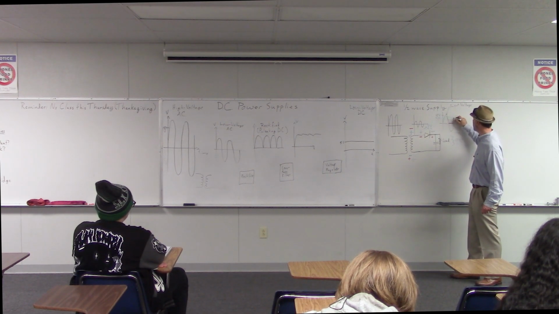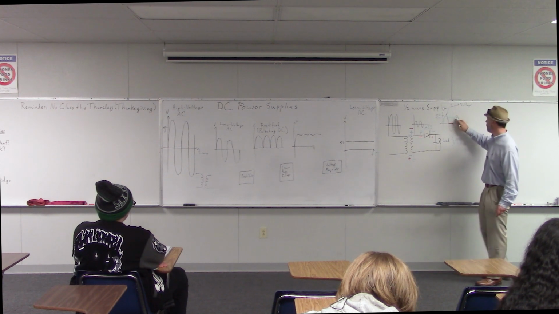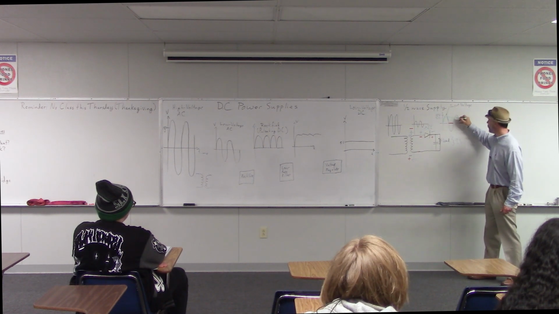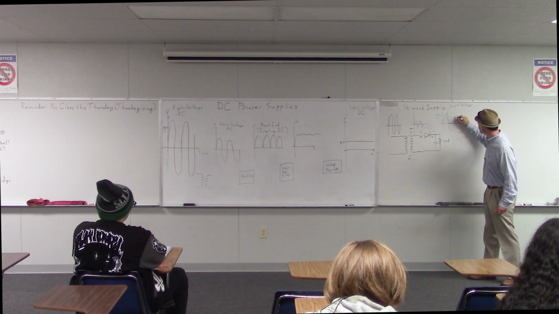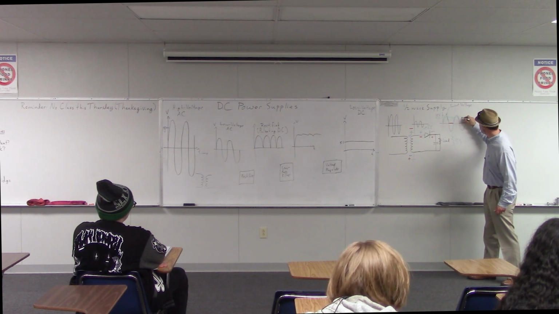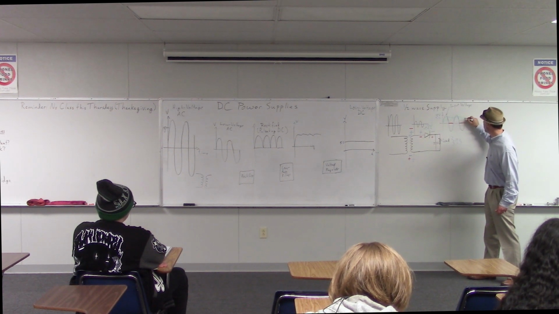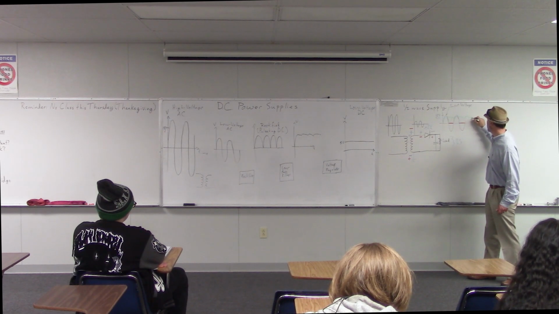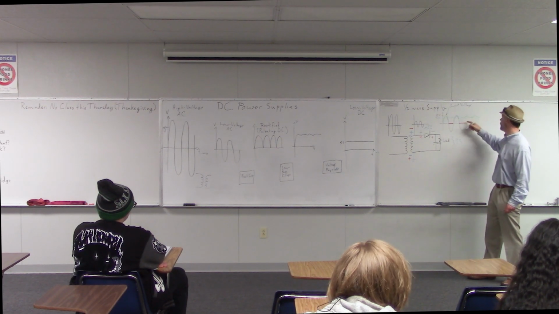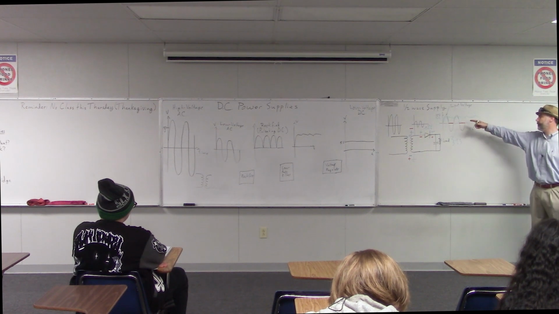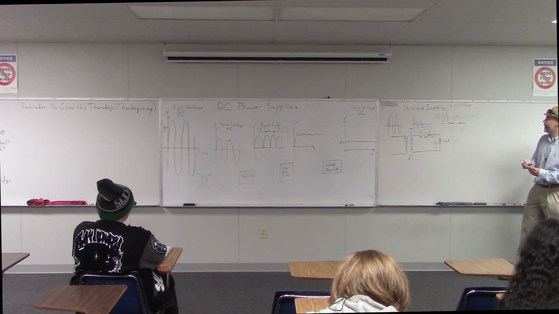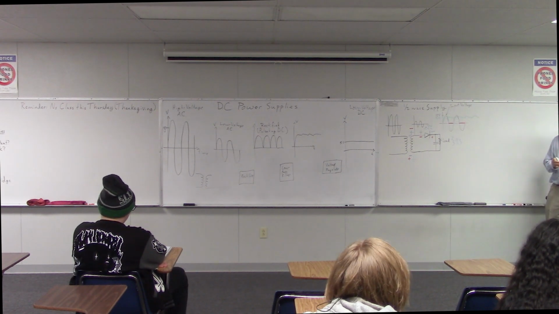So it goes down like this until we get to the next point where it would start charging up again. So then it recharges, and then it goes down slowly again until it gets to the next point and recharges, and so on. So when you have a capacitor in place, you end up with a slightly smoothed out wave that looks kind of like that. Okay?